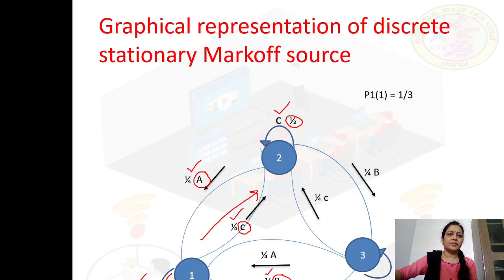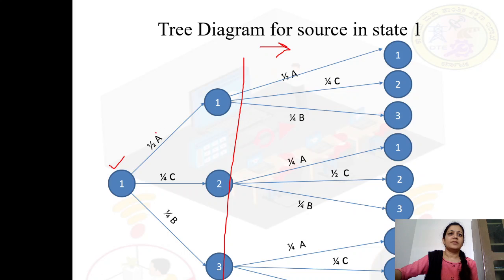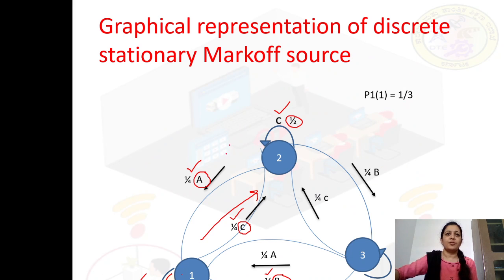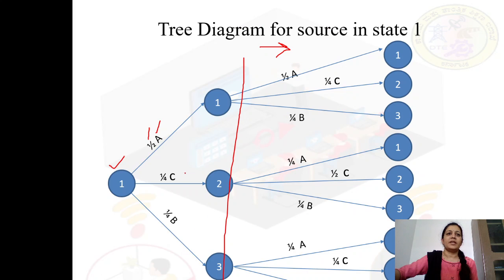Whenever it is making a transition, you can observe that during the transition 1 to 1, the symbol emitted is A, and the corresponding transition probability is 1 by 2. Similarly for 1 to 2, the symbol emitted is C, and the transition probability is 1 by 4.